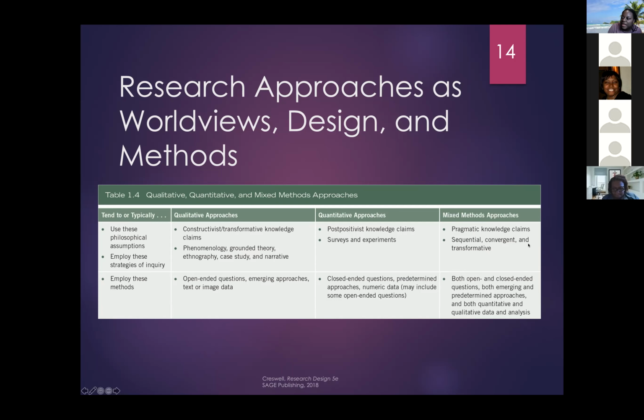And so within that, again, there are different types of inquiry for mixed methods, and you would have both open and closed-ended questions in the data collection process. And it's really just a mixture of the two that we previously discussed. So that's an example of how those three different components come together to describe the three different research approaches.